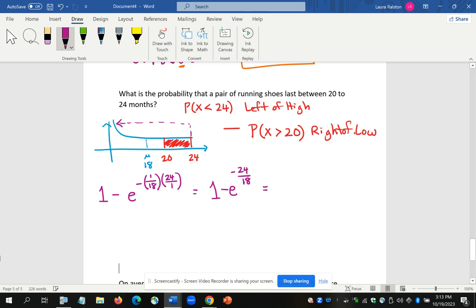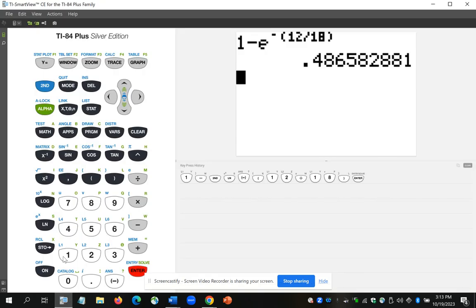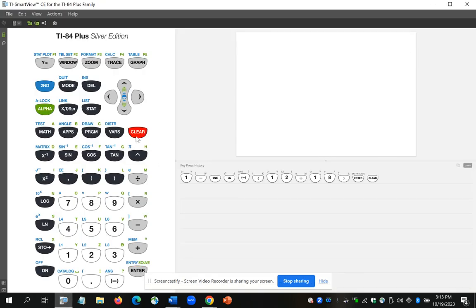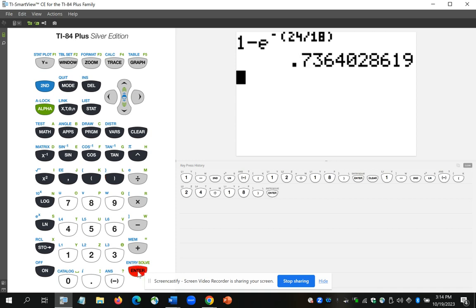Okay, so I'm going to my calculator and I'm going to do that calculation. 1 minus second ln negative parentheses 24 divide 18, close them, enter. 0.7364. Again, I'm going to store it. I'm going to use alpha A again. I don't need the other number.